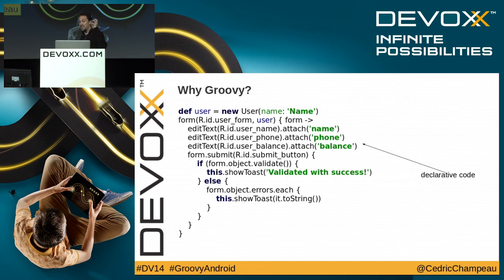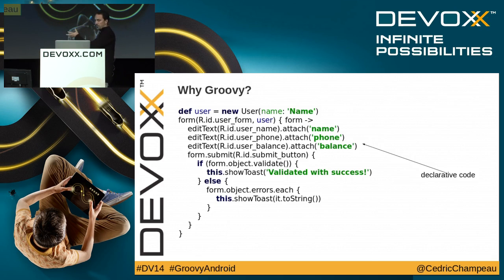And just by declaring this, you can have validations automatically bound to your text fields. It's just declarative code where normally you would have to write all the validation code by yourself.